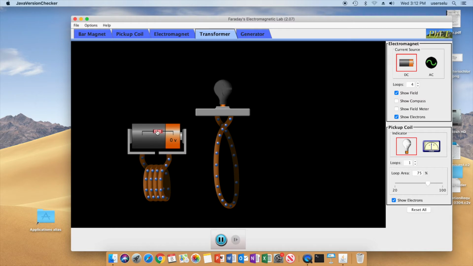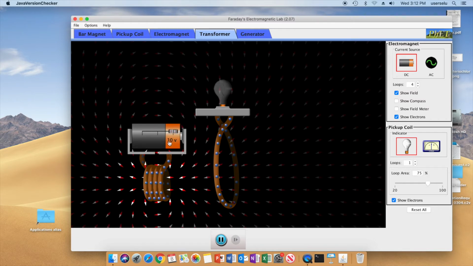So let me do this. Let me turn the battery on, and notice it is now generating a steady flowing current. Remember, the blue direction of flow is the flow of electrons. The current is actually the opposite of the flow of electrons. So the current would be moving down the loop.